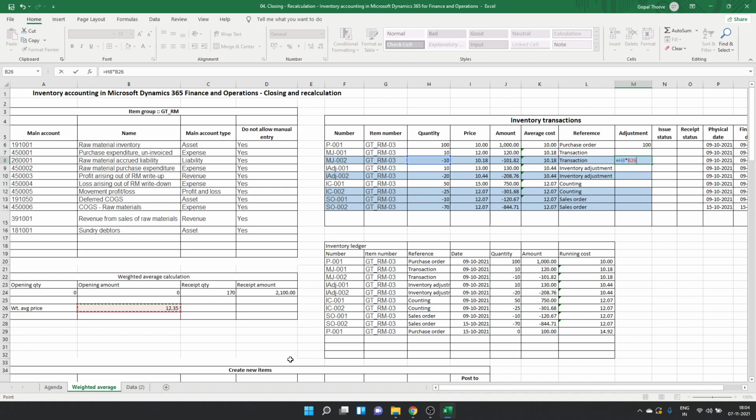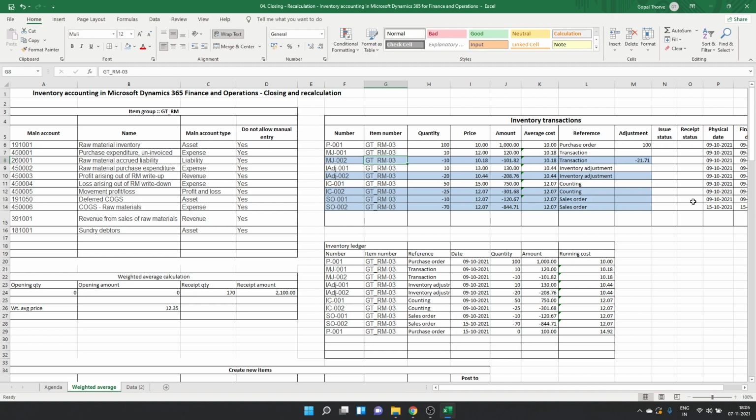That is my issue quantity into the weighted average price, which is calculated when we are recalculating or closing our inventory, minus what the system has already posted, 101.82, as a real-time cost. Now I'm just freezing this value. So what will the system do? System will post 21.71 of adjustment on this particular inventory transaction.